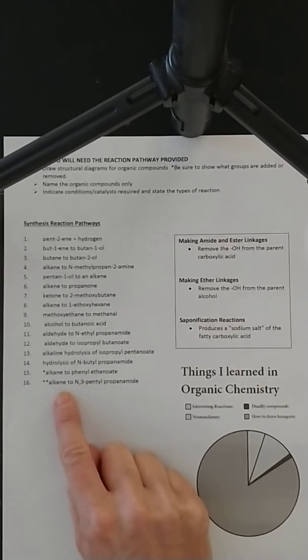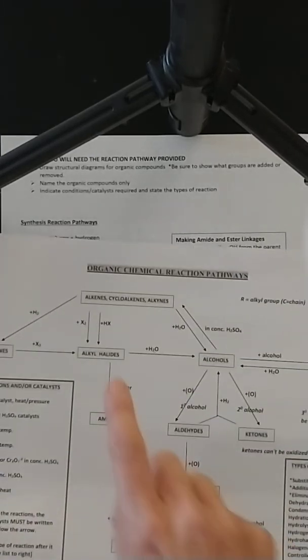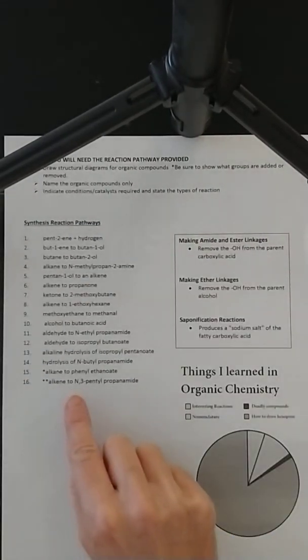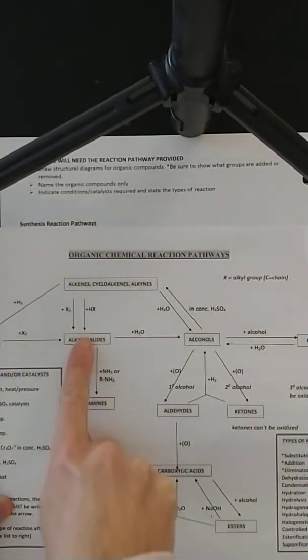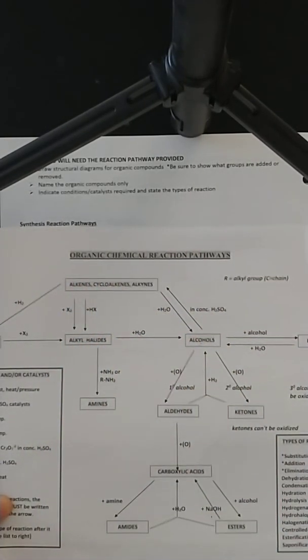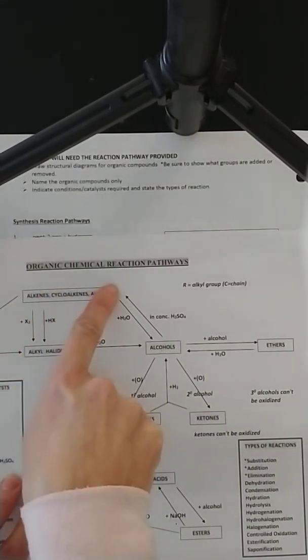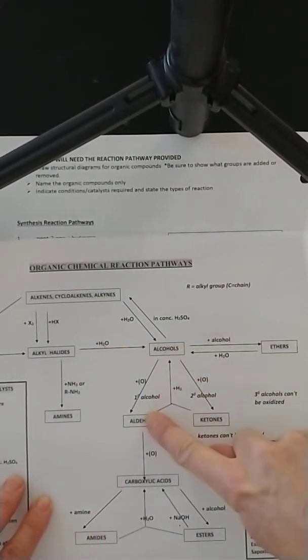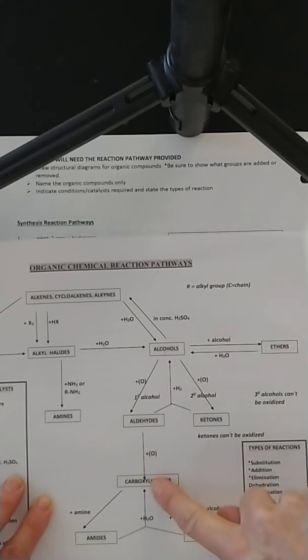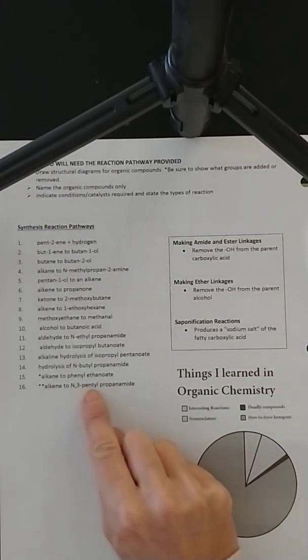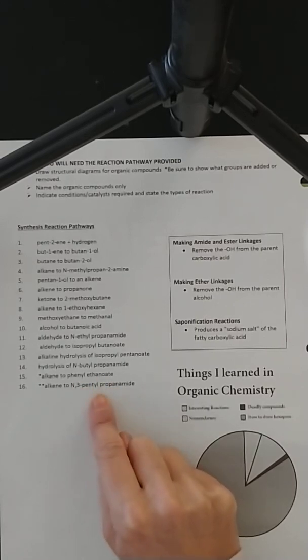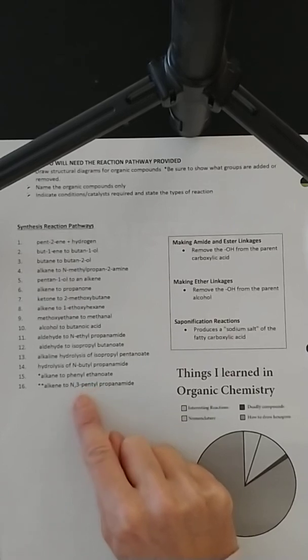In number 16, you're going to start with an alkene. So you're going to start up here, and you're going to make an amide this time. You can either go down here and across, that puts in an extra step, or you can start here, go straight to your alcohol, straight to your aldehyde, your acid, your amide. You have to add an amine at the end, and when you go to the question, you're adding a 3-pentyl, so you're going to be adding a 5-carbon based amine when you get near the end.